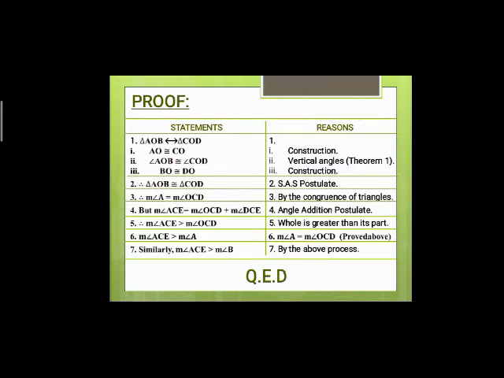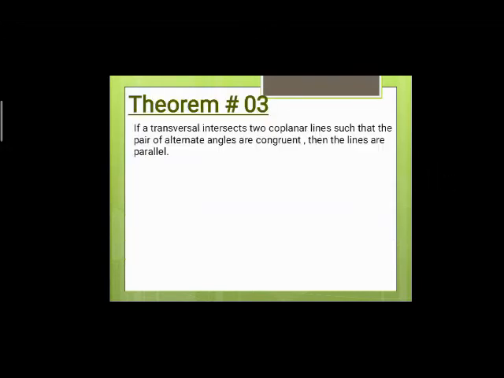Hopefully you all understand theorem number 1 and theorem number 2. Now we move forward to our third theorem, theorem number 3. If a transversal intersects two coplanar lines such that the pairs of alternate angles are congruent, then the lines are parallel.